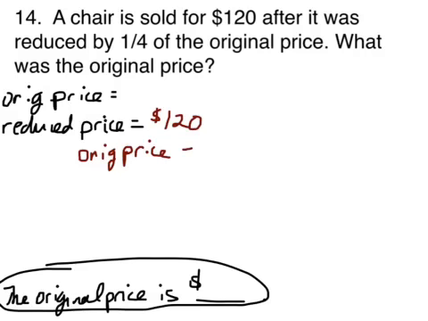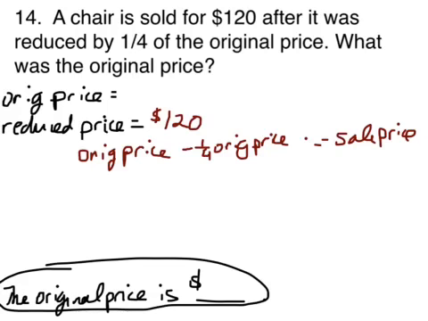We know that the price is going to be $120, the sale price. Let's put the sale price is equal to the original price minus 1/4 of original price. Isn't that what we would say? Basically, they reduced something by 25%. Okay.